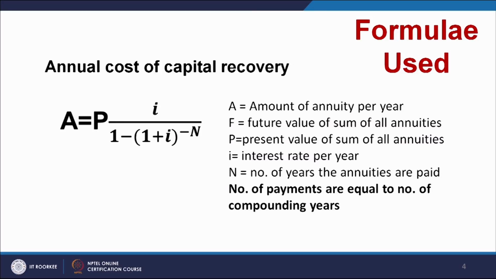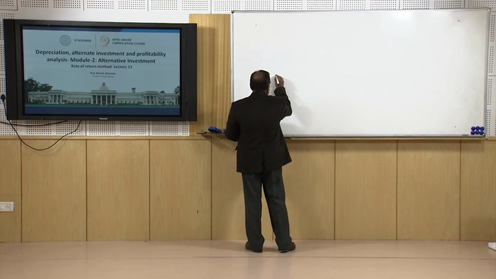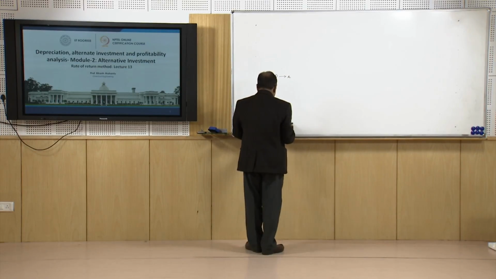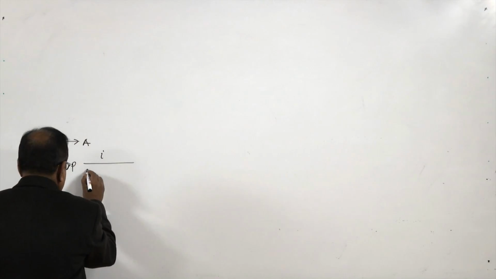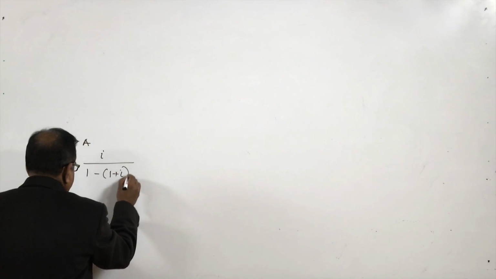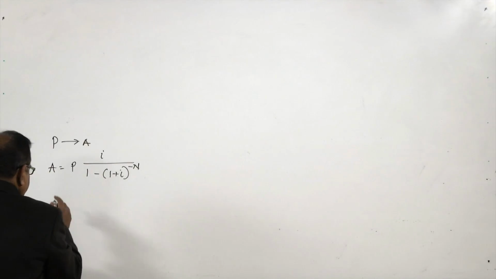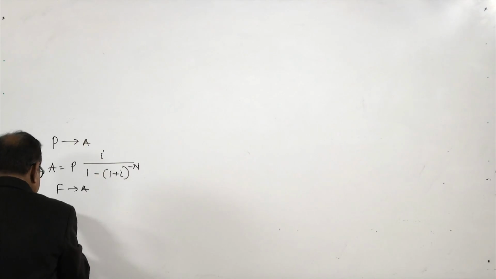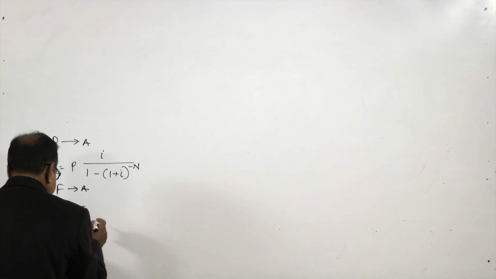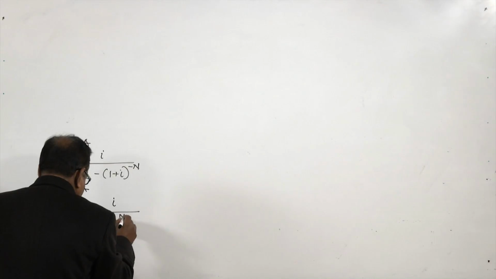Now, we will be using some formulas. The present value is being converted into annuity A. So, this is the formula: A is equal to P times i divided by 1 minus (1 plus i) to the power minus n. And if you are changing F to A, the formula is A is equal to F times i divided by (1 plus i) to the power n minus 1.